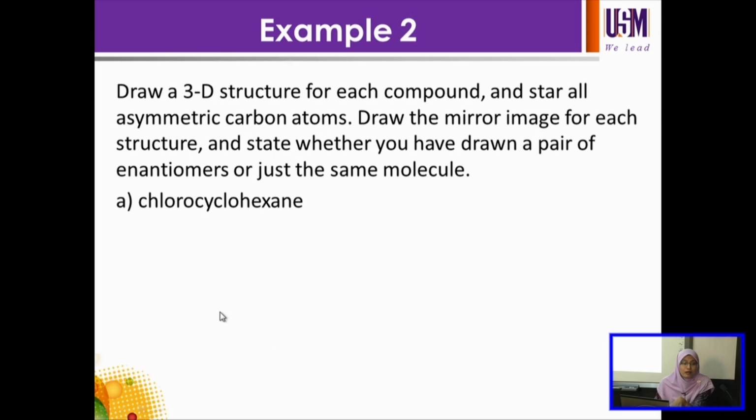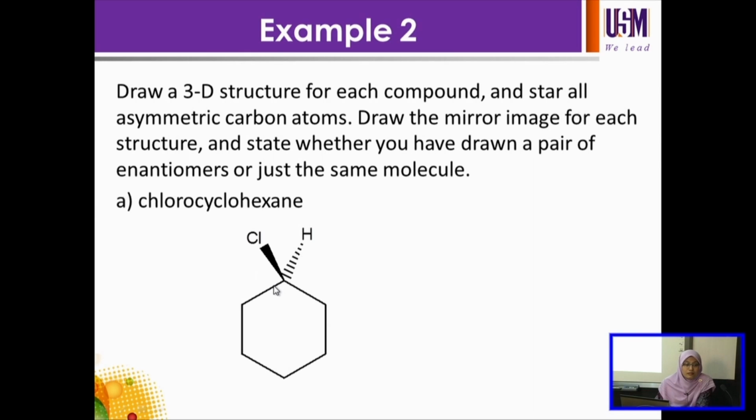And then we have chlorocyclohexane. So this is a cyclic compound. Because we have hexane, it's a 6-membered ring with chlorine attached to carbon number 1. So this could be the chirality center, okay, because we have here chlorine and also hydrogen, but you have to look at its ring.